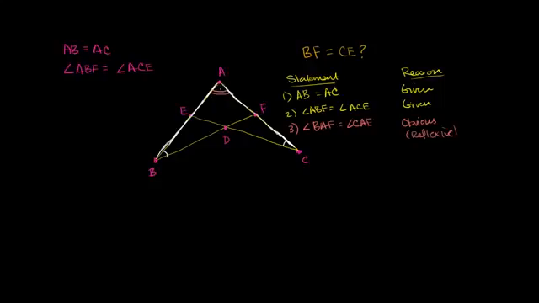So by angle, side, angle, we have that triangle BAF. So our statement number 4, I'm running out of space right here, I'll go down here. Statement number 4 is triangle BAF. Let me highlight it in a little blue right here.